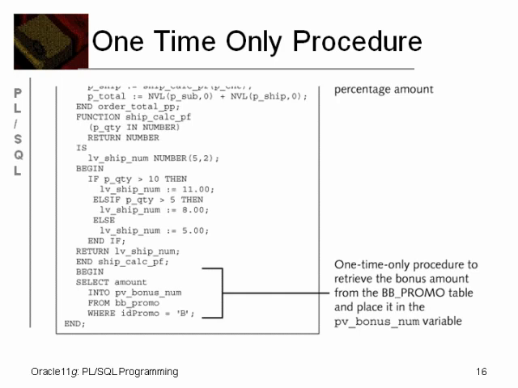Here's an example of what one looks like, and we're actually going to create one of these together in a few minutes. But you can see it's just an anonymous block, and there's no end statement for it. So this one is begin, select amount into PV bonus num from BB promo, where ID promo equals B. So it's going to go get the current bonus amount for a certain ID.